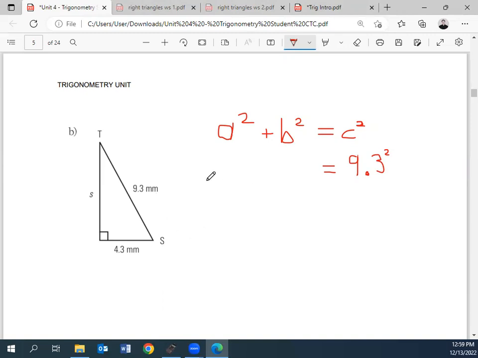So now I'm going to keep substituting. I have 4.3. I'm just going to put it as A because I've labeled my hypotenuse. It doesn't matter where it goes now. So instead of A, I'm going to put 4.3 squared. And in between is just B squared. This line right here, the missing side, is technically what B is.